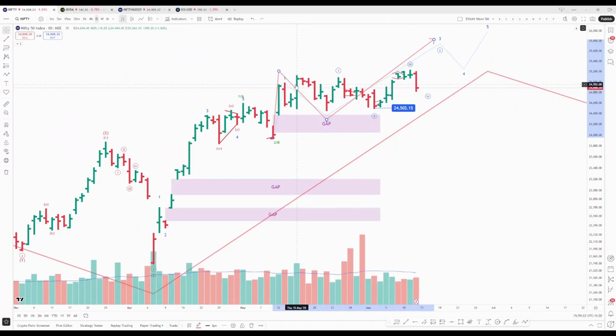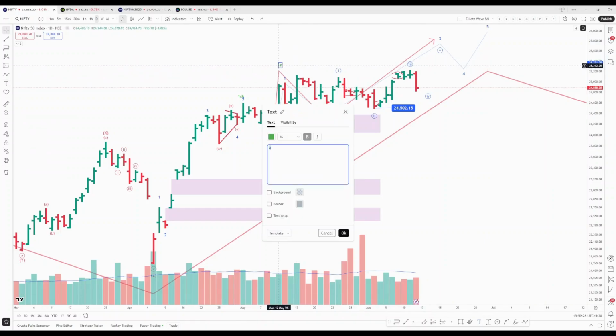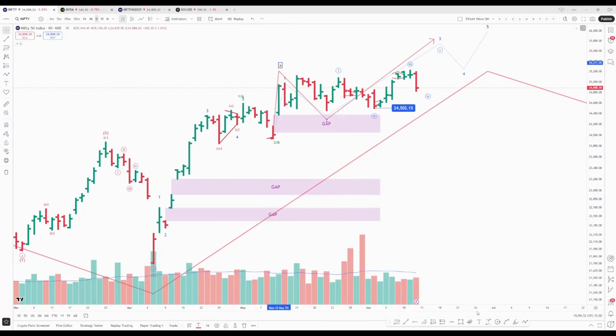This is actually A, B and C of some degree. We don't know yet of what degree, and we don't need to at this stage. We just need to follow the price action and figure out what's going on. So this is B and then this is C. So this is one alternative case.